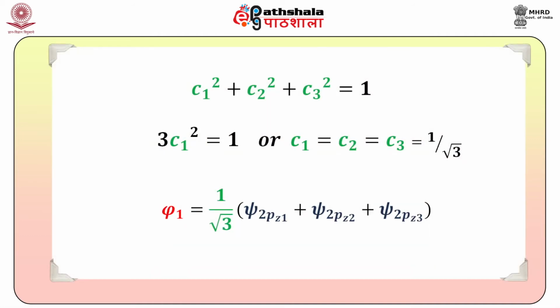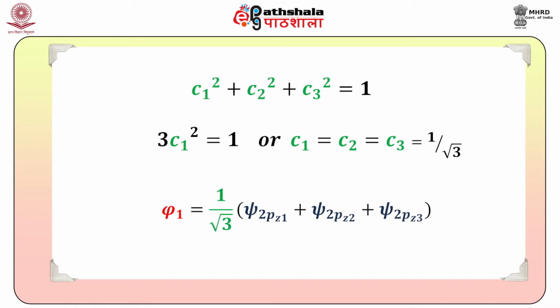As you can see here, in the calculation of these coefficients, as we did earlier in the case of butadiene, we have employed the normalization condition also. That means the sum of the squares of the coefficients is always equal to 1.